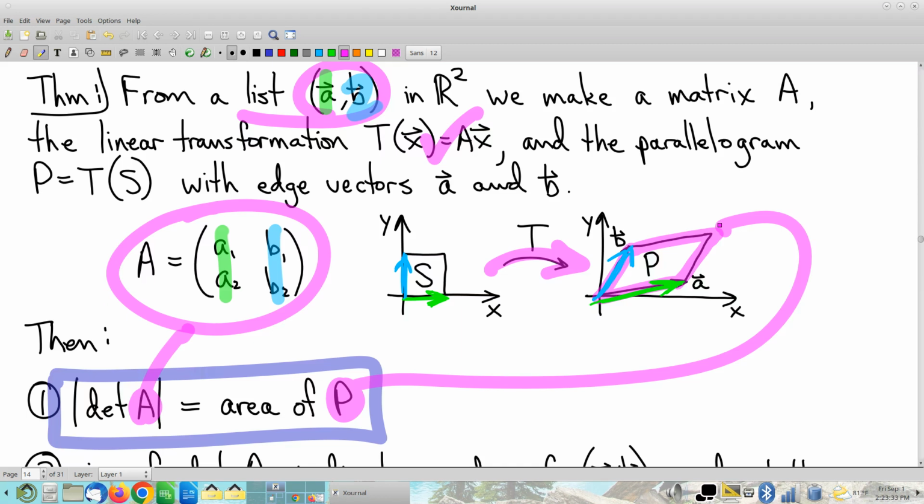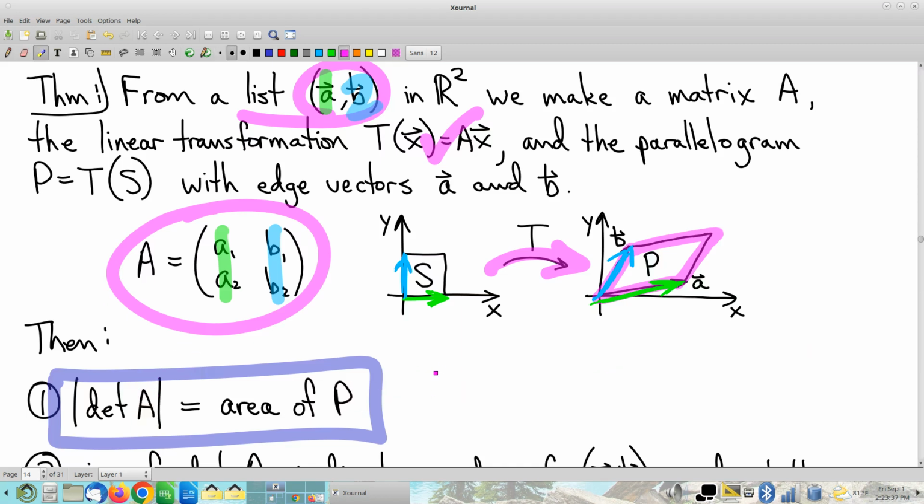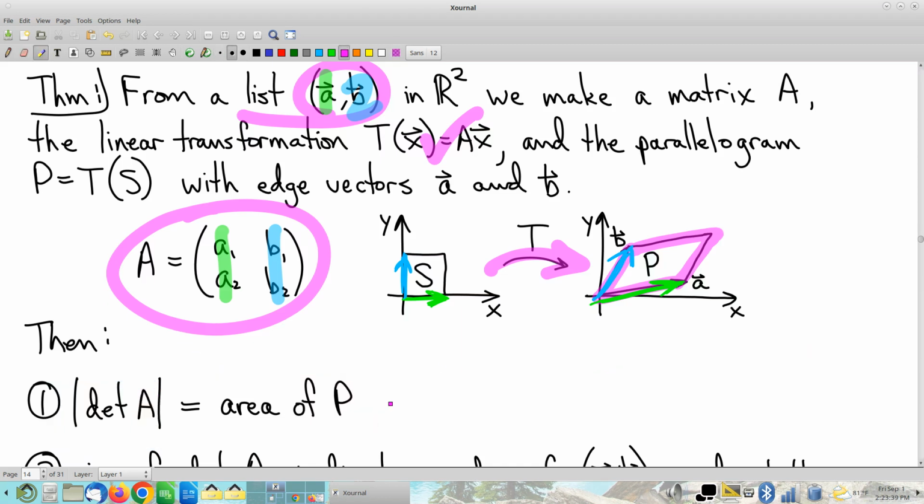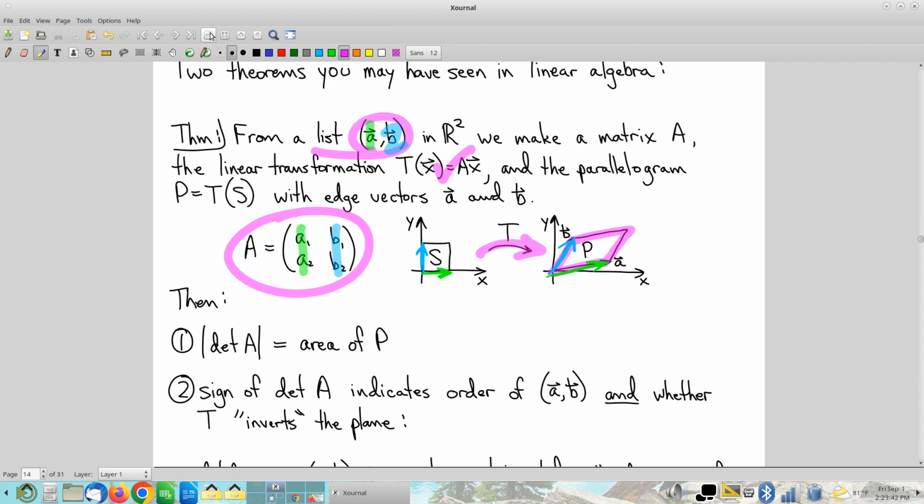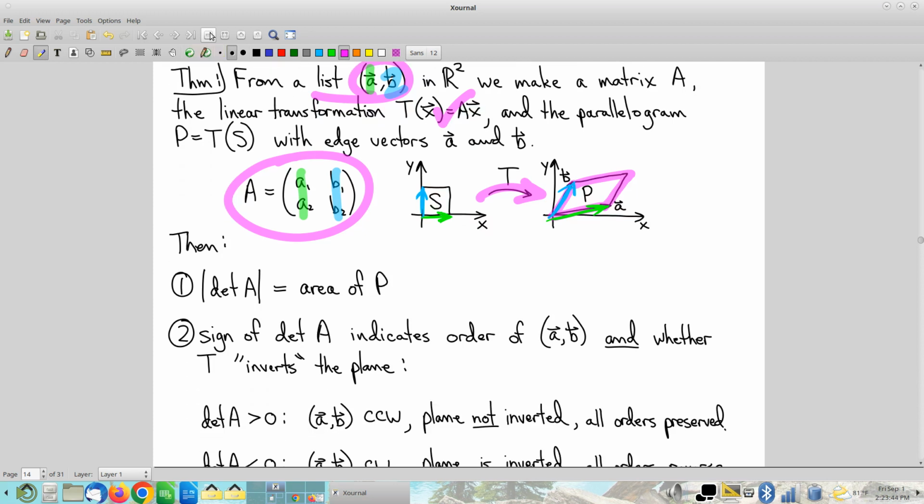All right, let's see here. Next. I need to zoom out so we can fit all this in here. The sign of the determinant of the matrix, and keep in mind, we're still talking about this same matrix.